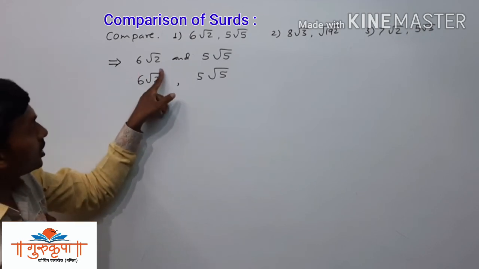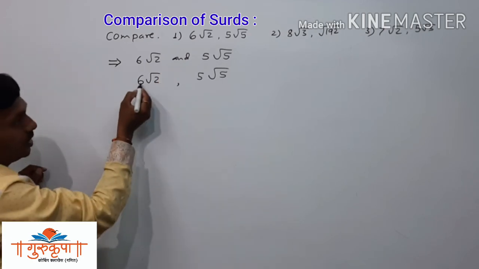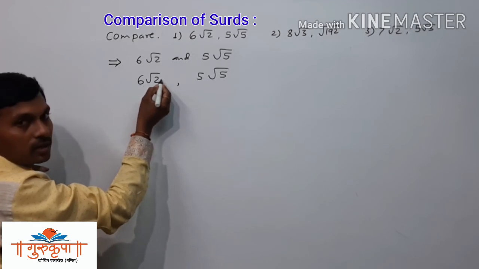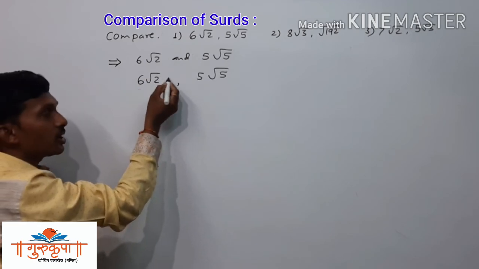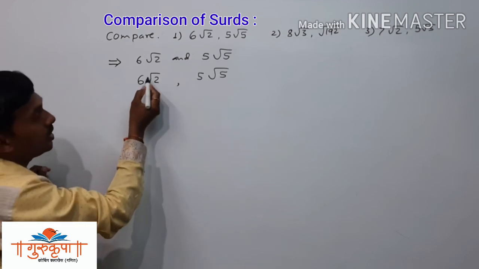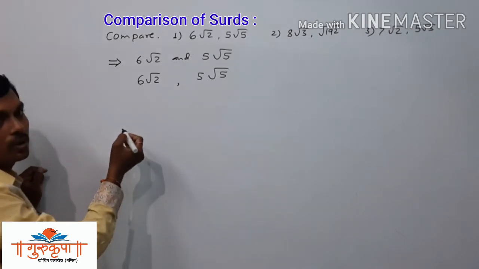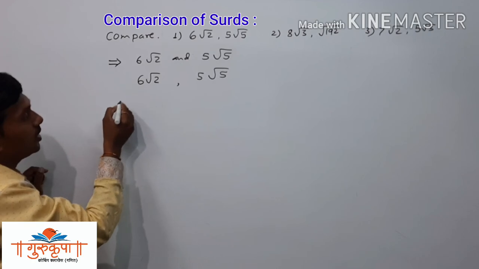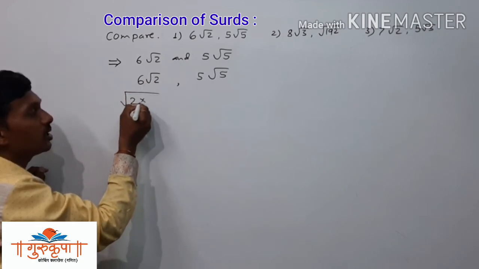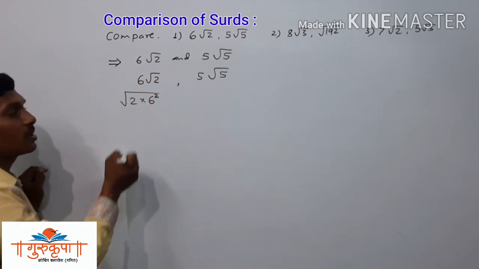So what is inside the root sign, inside the radical sign? See, here we have 6 outside. So what should be there inside the root sign? If 36 is inside the root, then we can take it outside as 6, since here it is a square root sign, or the order of this surd is 2. So while writing it inside, the order 2 remains as it is, and now this 6 we have to take inside, so we have to make the square of it.